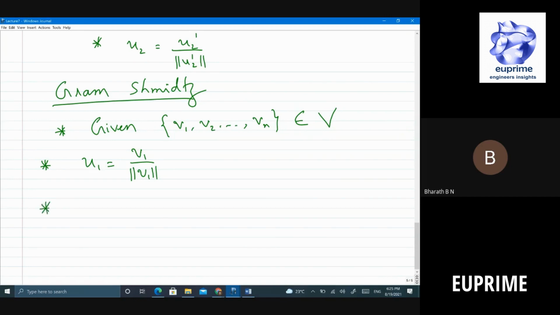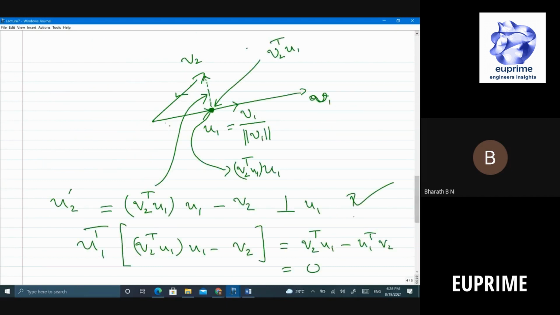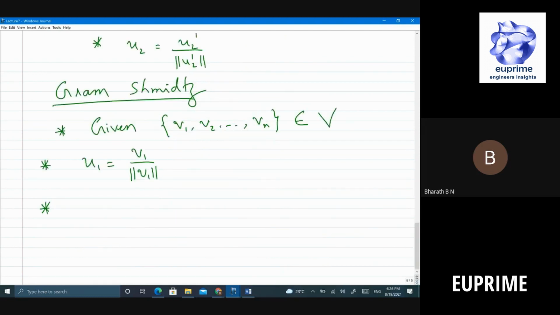I should find a vector orthogonal to u1. So what do I do? I have u1, then I found this. I took the inner product, scaled it, subtracted from v2, and then normalized it. So how do I write that?